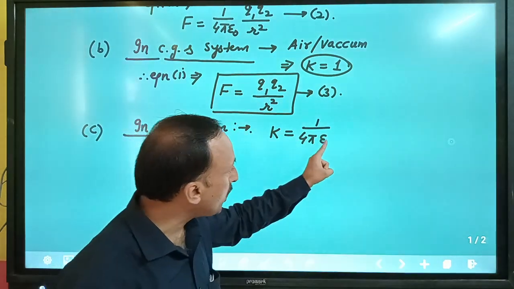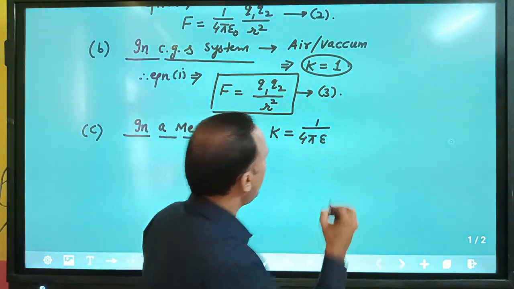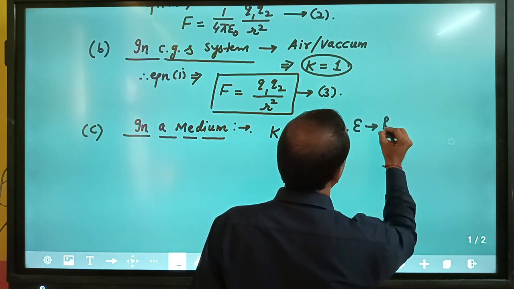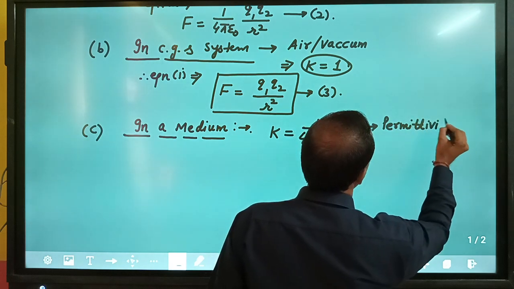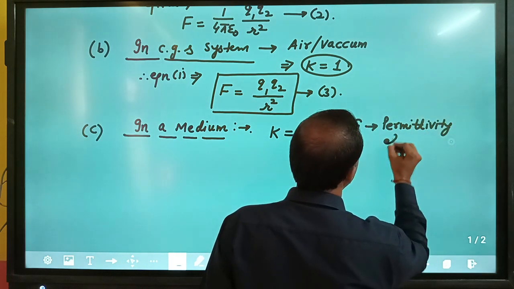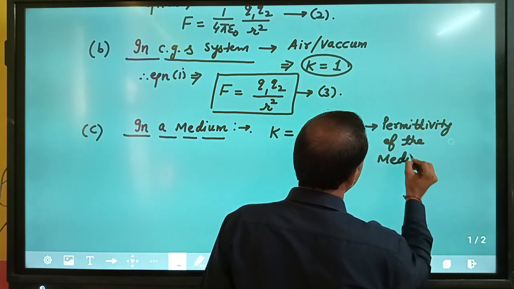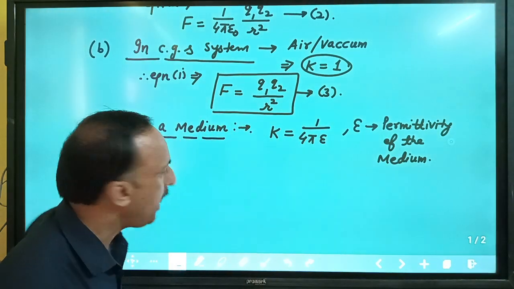Last time I used epsilon naught, the permittivity of free space, but here I am talking about epsilon, and this epsilon is the permittivity of the medium. So this I need to change, that is the permittivity of the medium.